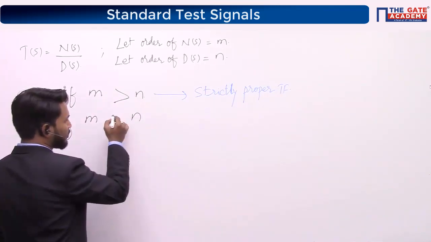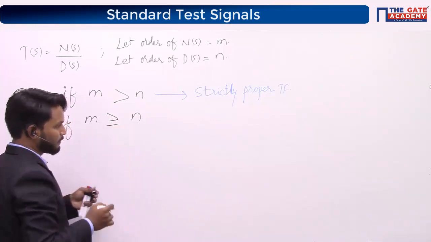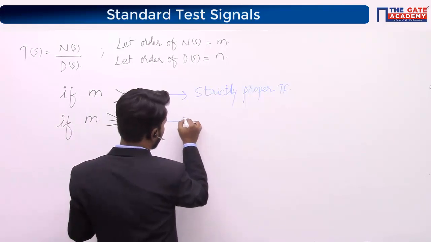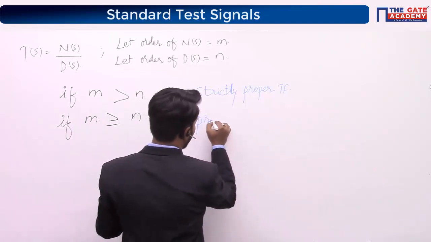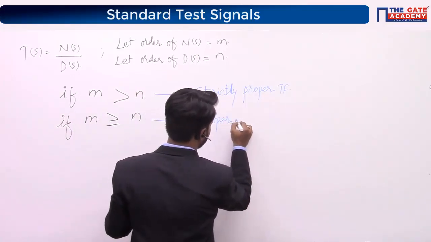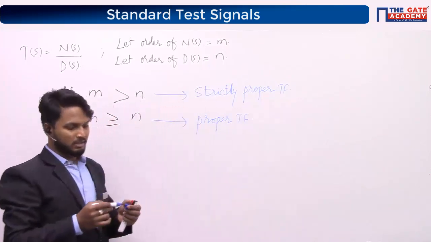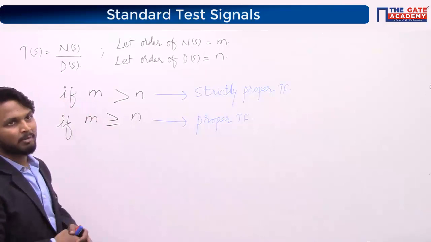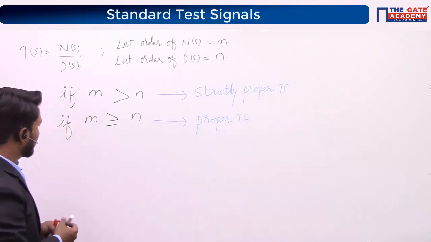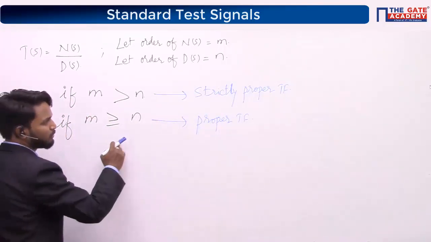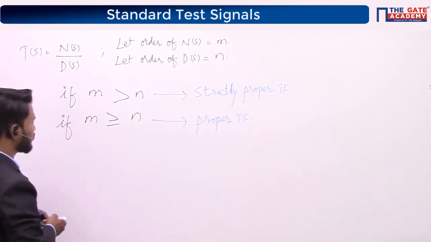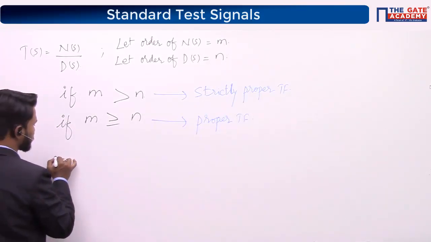For the system to be strictly proper, the order of the denominator must be greater than that of the numerator, right? If M is equal to N, then it is called a proper transfer function. If M is less than or equal to N, it is a proper transfer function.